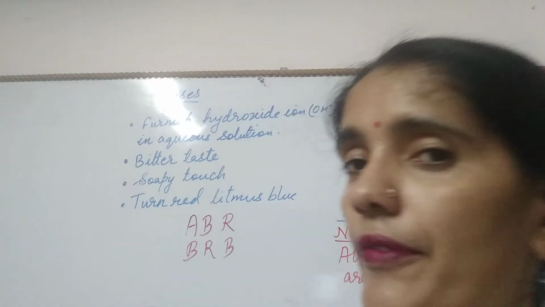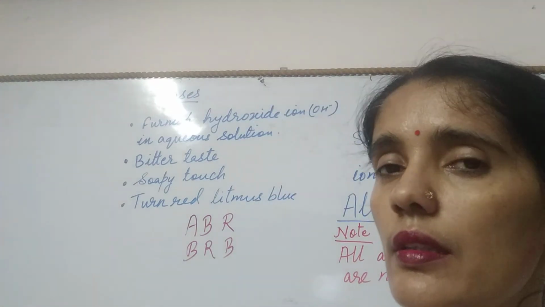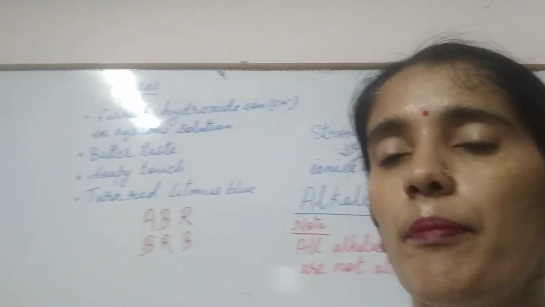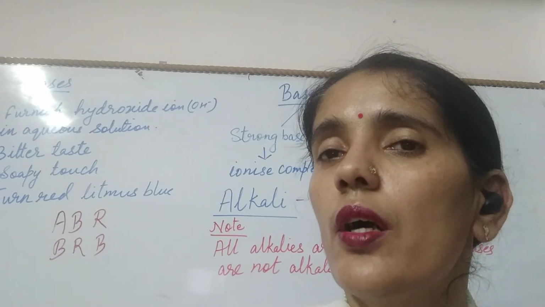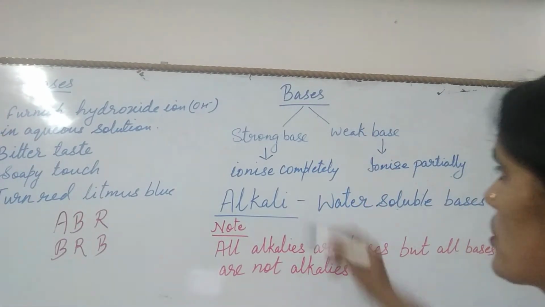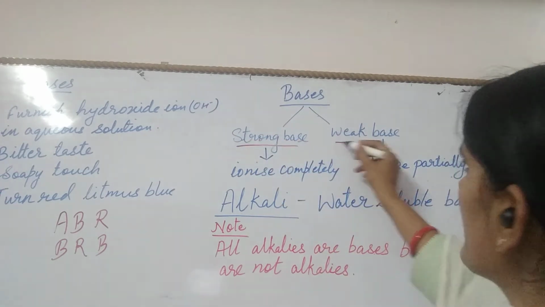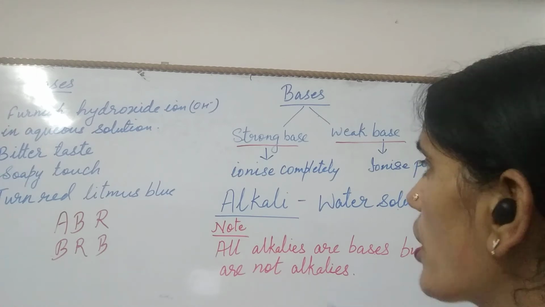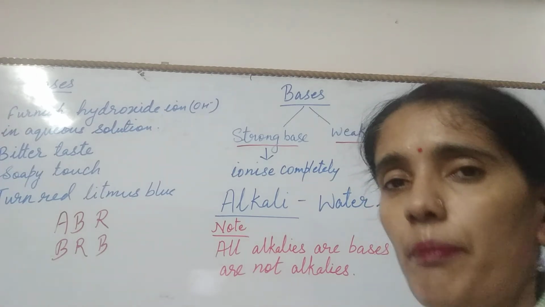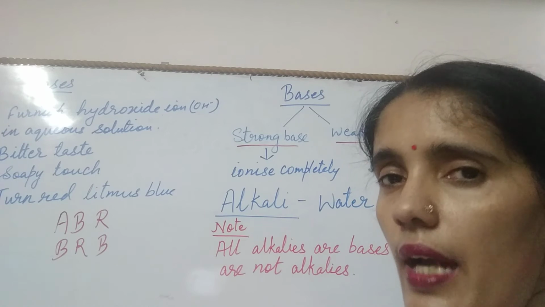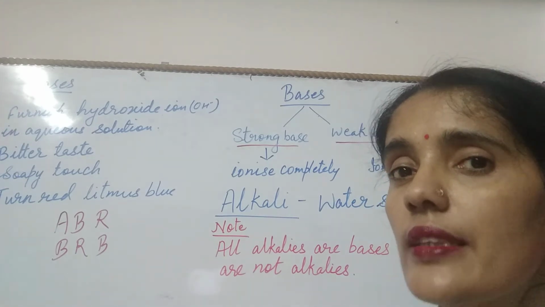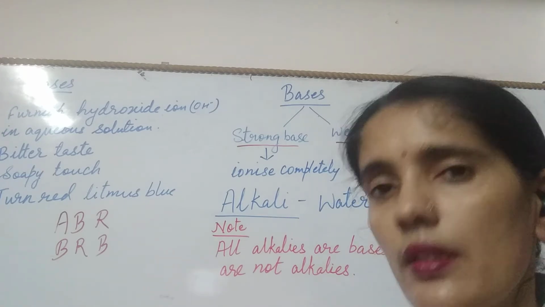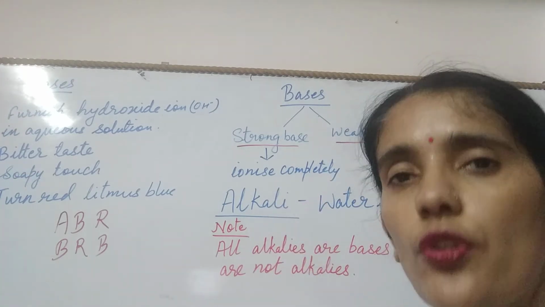Now, bases ionize to release hydroxide ion. On that basis only, bases are of two types, strong base and weak base. What do you mean by strong base and weak base? Strong base means if a base is added in water and it gets ionized completely, meaning the hydroxide ion completely dissociates, then it is termed a strong base.